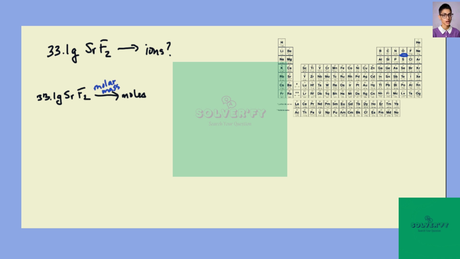Once we have moles, we can find out how many formula units, and we do this using Avogadro's number. And finally, once we have formula units, we can tell how many ions based on the chemical formula.